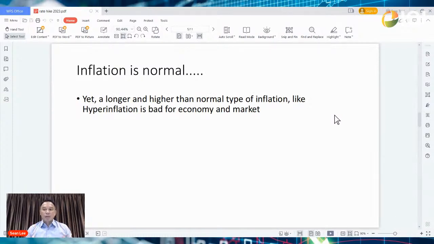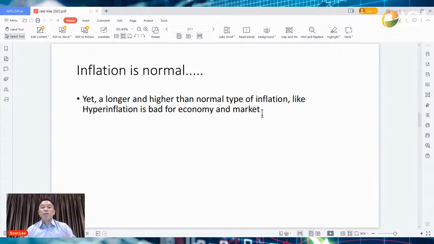In short, inflation is normal, just like our body temperature. We must have a certain temperature. When you touch your own body, you feel warm. There is a standard for it. Yet a longer and higher than normal inflation, for example hyperinflation, is very bad for the economy and the market.